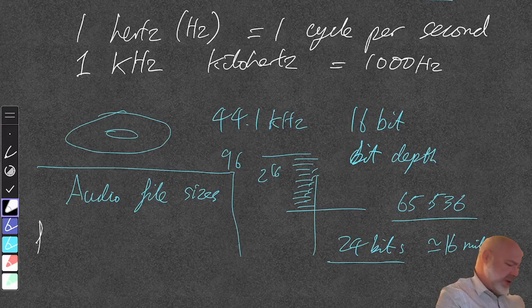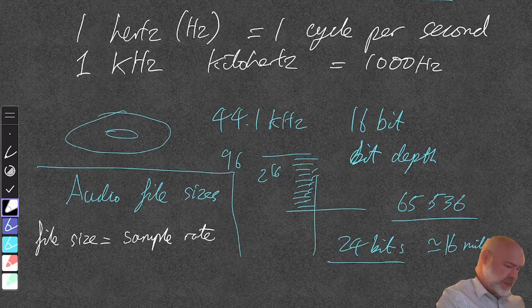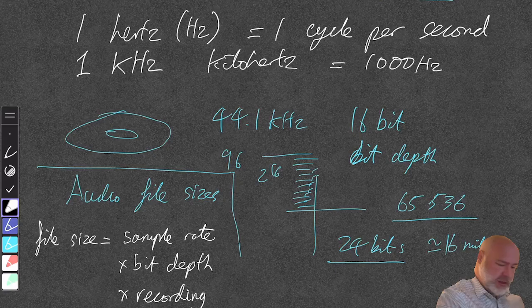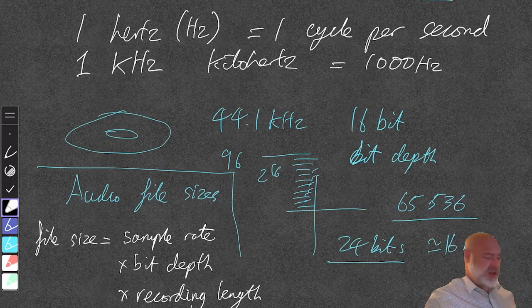So the formula is file size equals the sample rate times bit depth times recording length, and that will be the total file size of the audio recording.